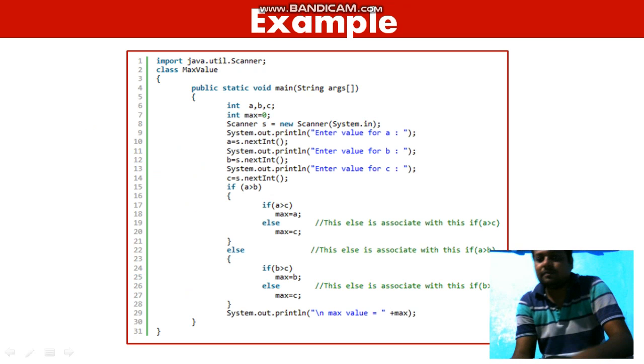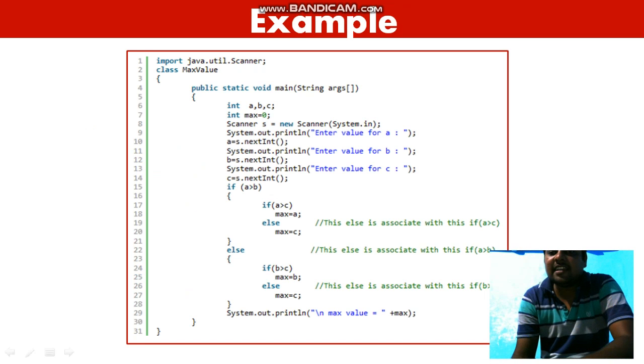So here we are writing an if-else nested if statement for finding the maximum value among three numbers. Here a, b, c, three values we are assigning. First I will explain this part by taking values.